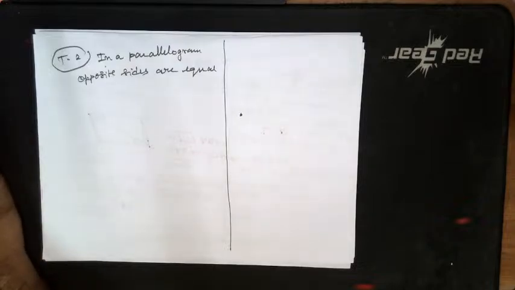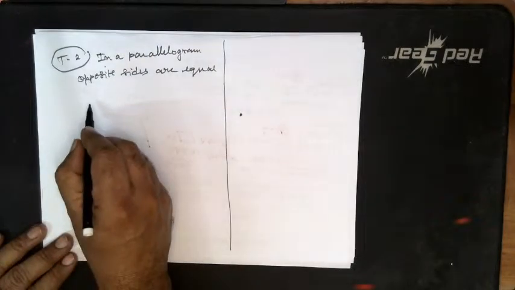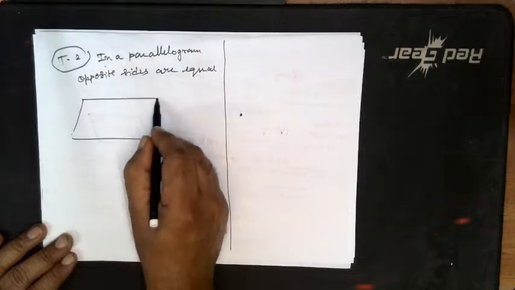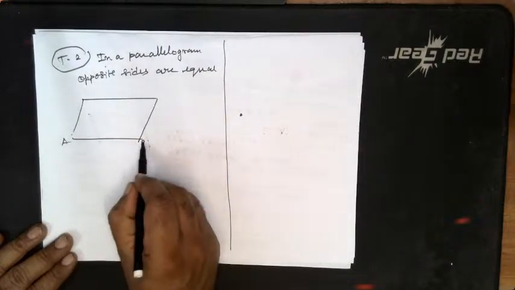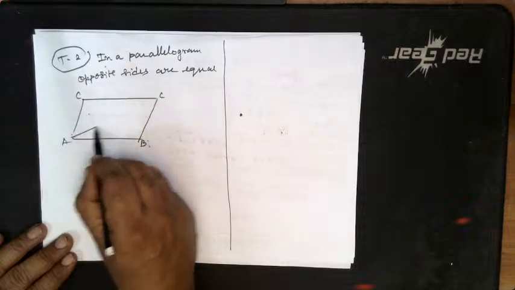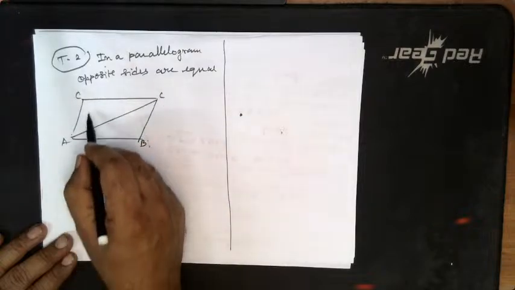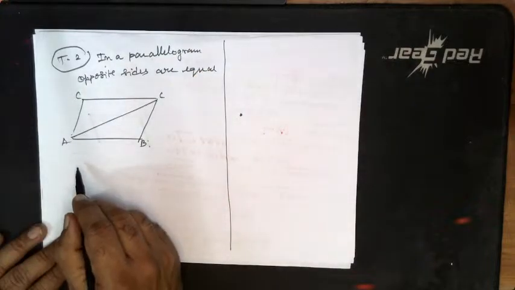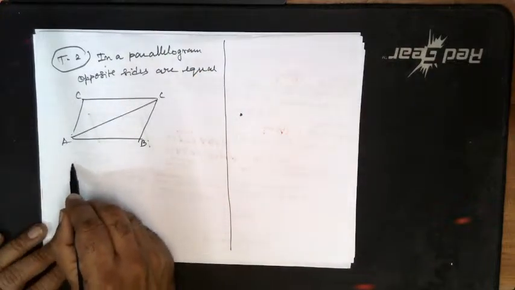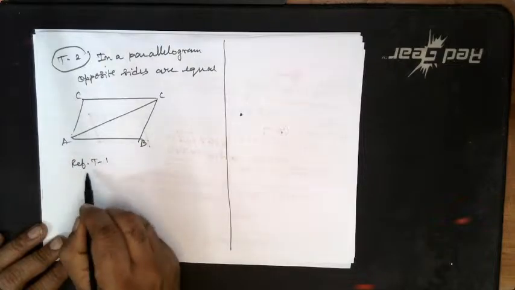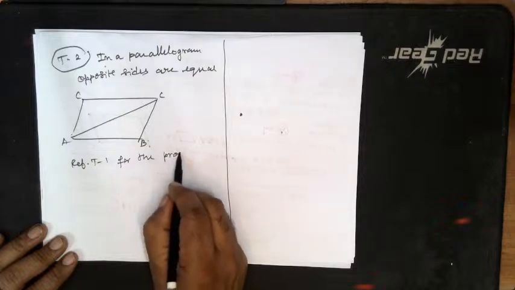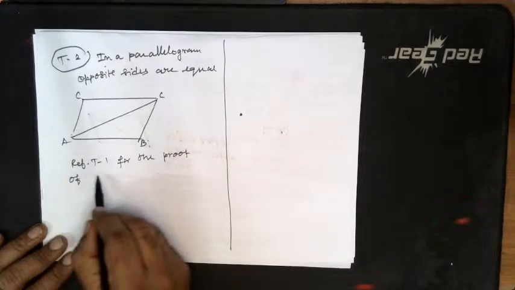Okay, so we have already got the proof that these two triangles are equal, is it not? We have the parallelogram ABCD, and AC is the diagonal, and we have already shown that these two triangles are congruent. You can refer to the previous theorem. So we have the proof. So refer to theorem 1 for the proof of congruent triangles.